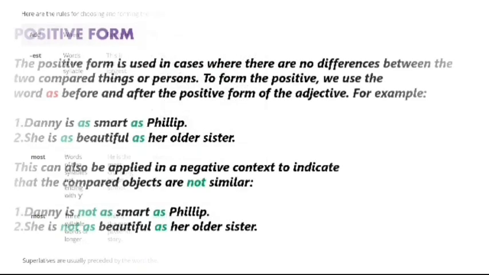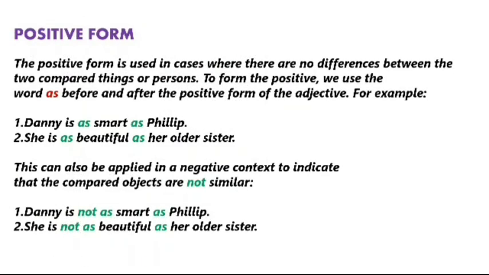Now after that, the next one is about the positive form. The positive form is used in cases where there are no differences between the two compared things or persons. To form the positive, we use the word as before and after the positive form of the adjective. For example, Danny is as smart as Philip.